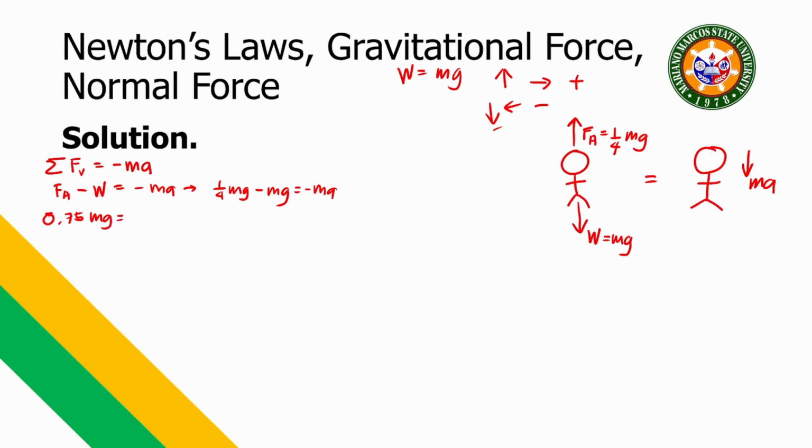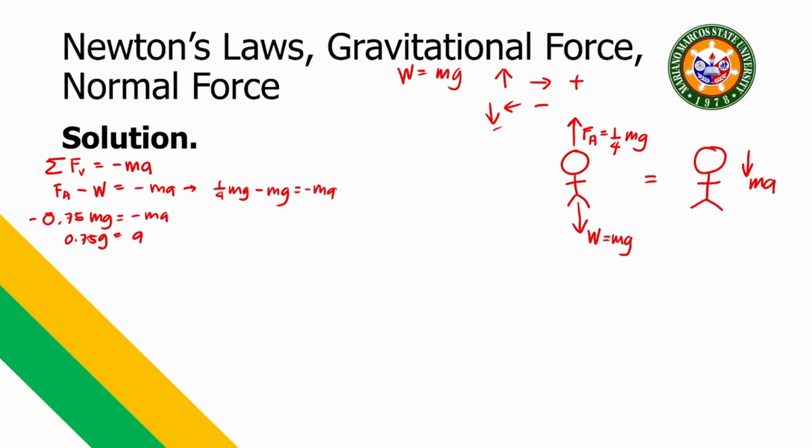This is equal to negative MA. We have 1/4 positive minus 1 negative, so the negative is bigger. If we divide both sides by negative M, we get that 0.75 g is equal to the acceleration of the divers whose parachute is still closed.